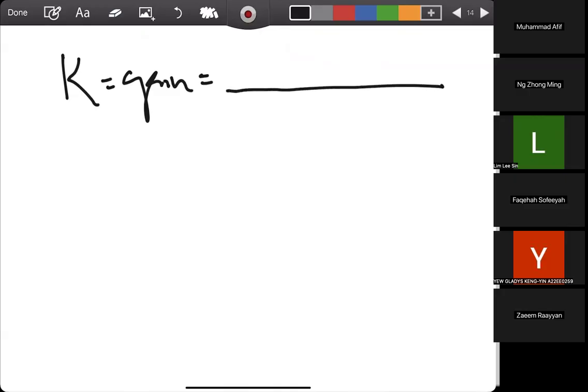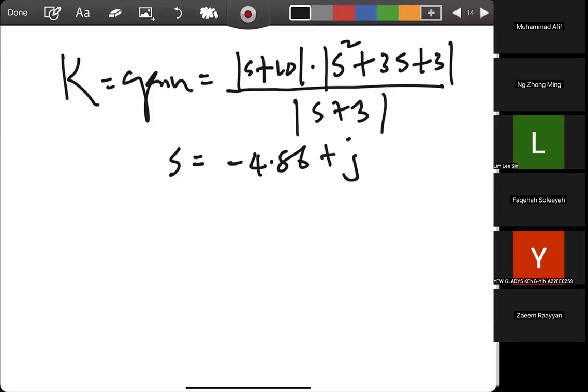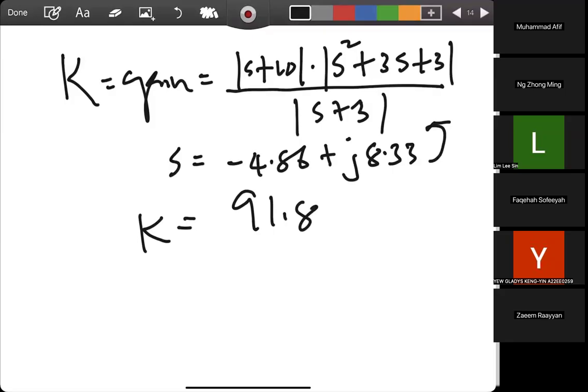Okay, so you replace S is equal to minus 4.856 plus j8.32 inside here. So you will get K equal to 91.8. Okay.